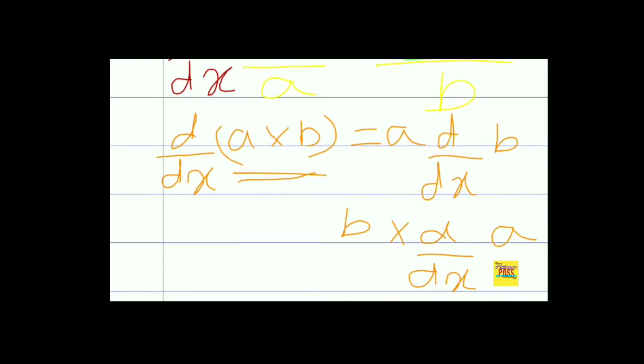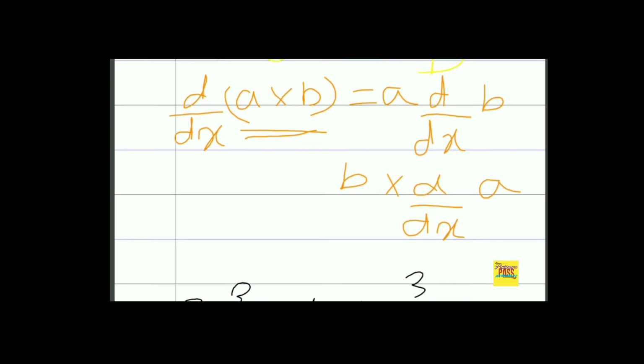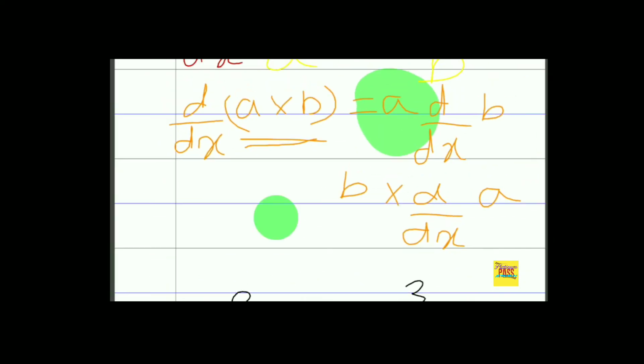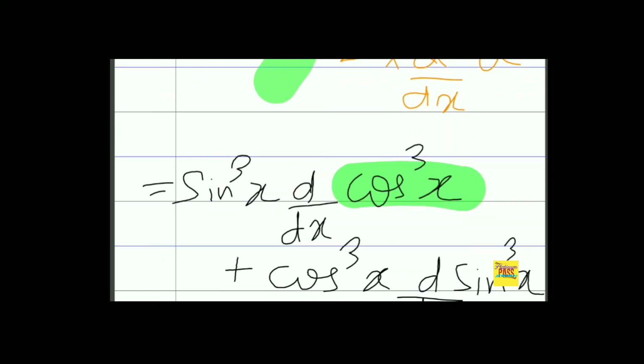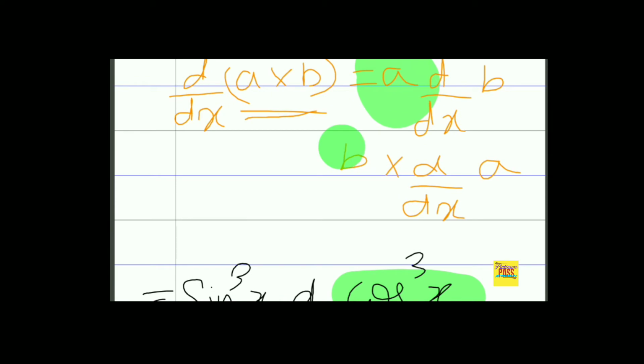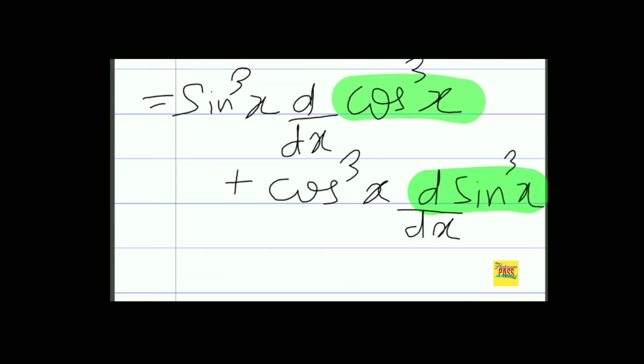After applying these two, sin x, that is a, will remain as it is, with the differentiation of b. And then b remains as it is, with the differentiation of a.